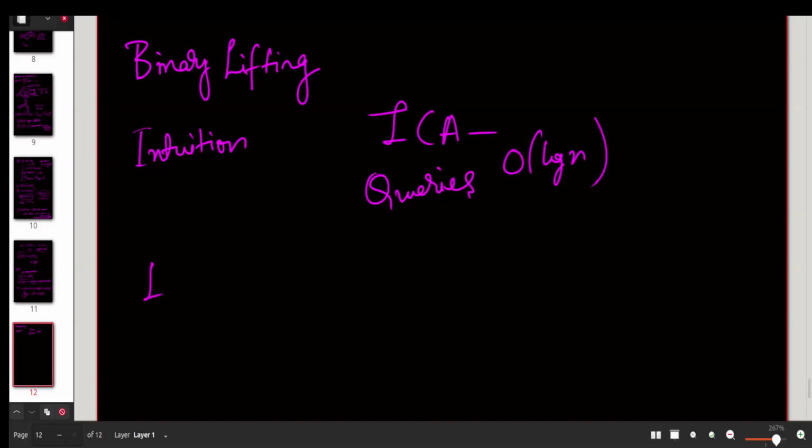So what does this LCA take? It takes two nodes A and B that are part of the tree, and it will give you the lowest common ancestor in the tree.